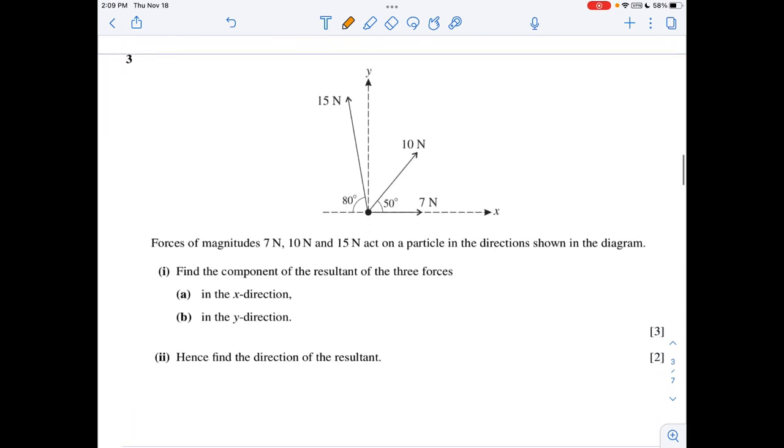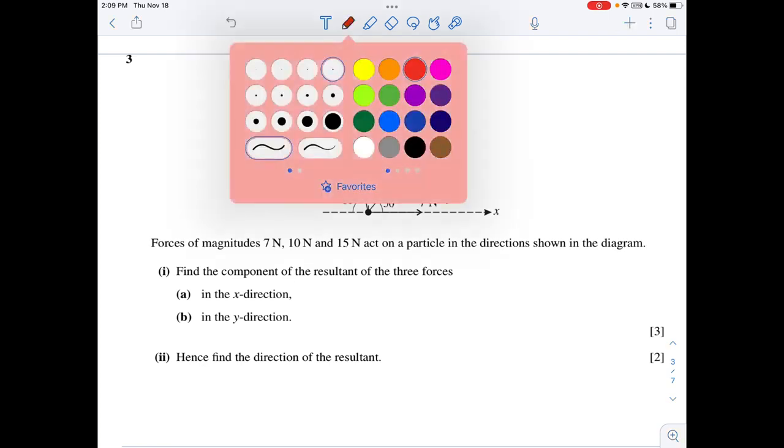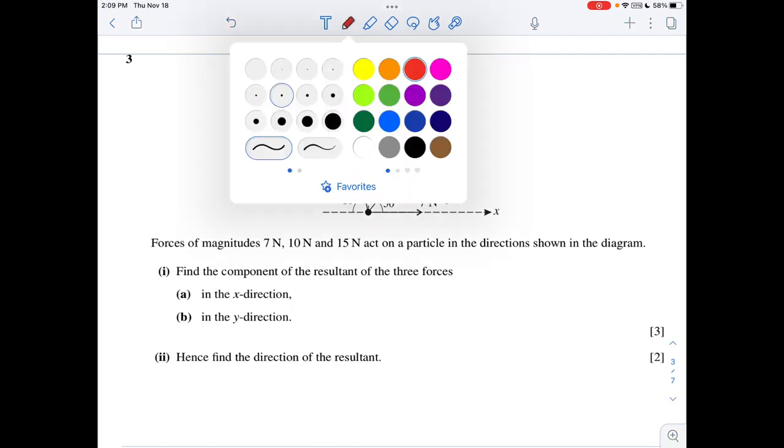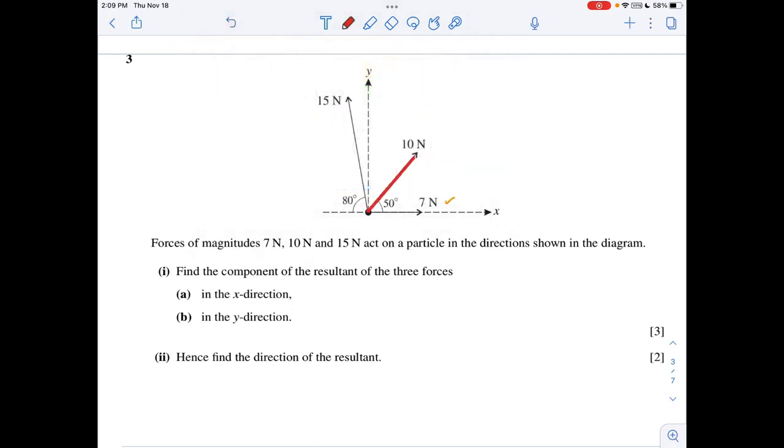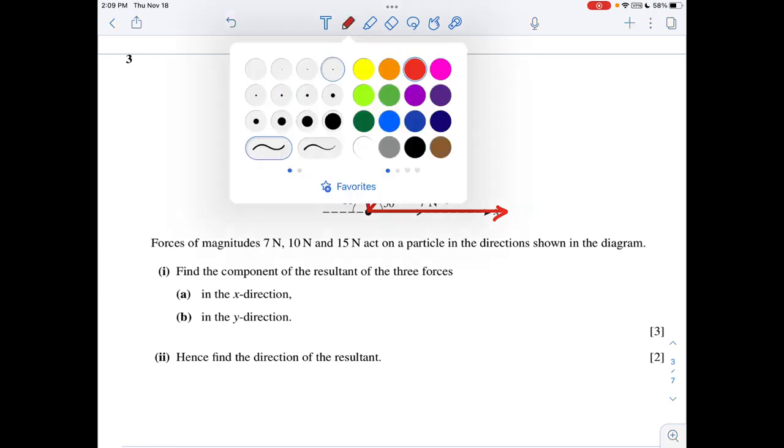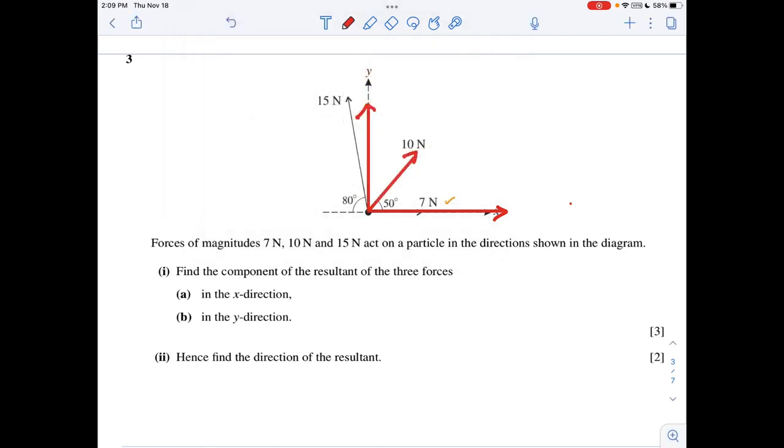Coming to question number 3. Find the components of the resultant of the three forces in the X direction and Y direction. So 7 newtons I need not resolve because it is already in the X direction. The 10 newtons force goes in this direction, so one component along X and one along Y. Along X the angle is 50, so 10 cos 50, and along Y it becomes 10 sin 50.